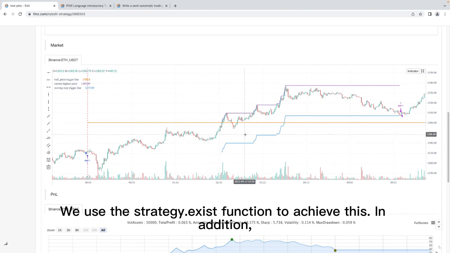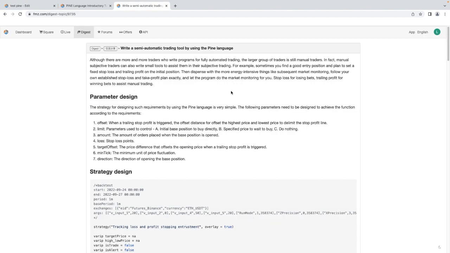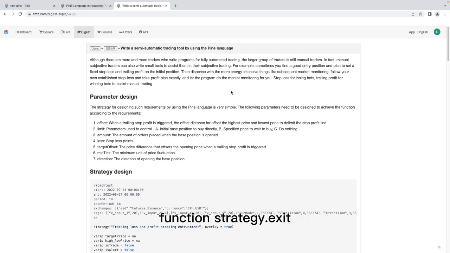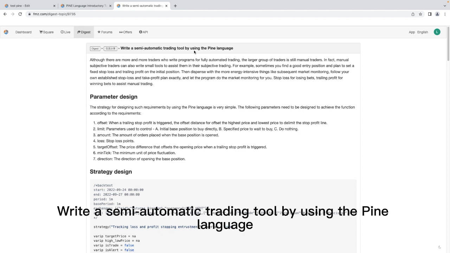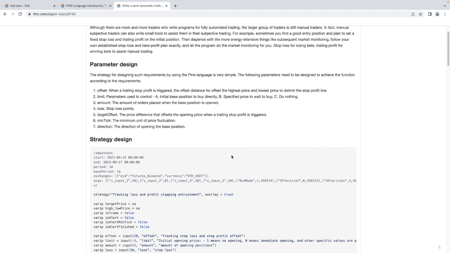In addition, there is an original article on our platform that also describes this function and focuses on function strategy.exit. It created a semi-automatic trading tool, that is, a semi-automatic trading tool written in the Pine language and then made into a strategy.